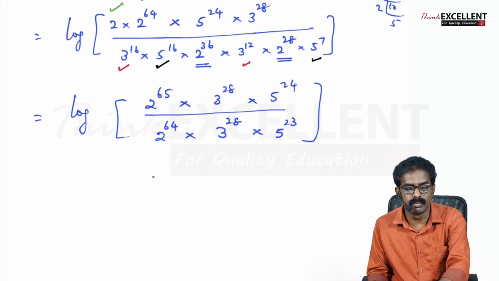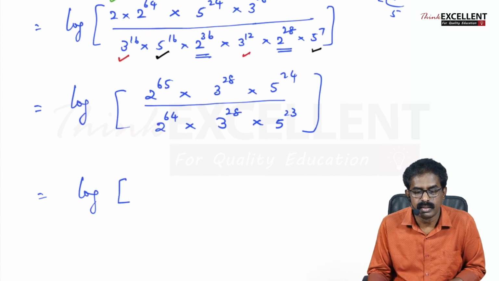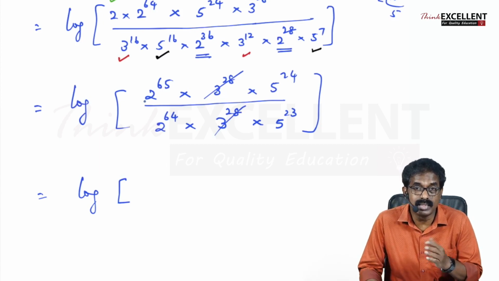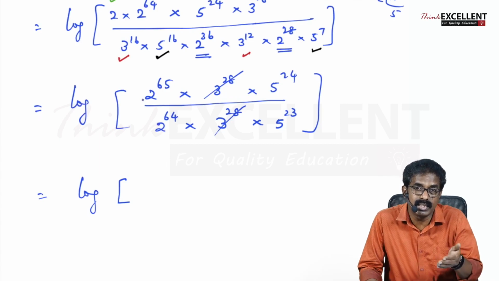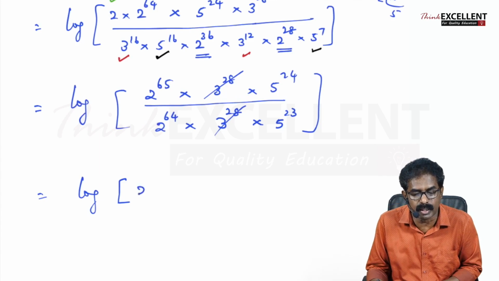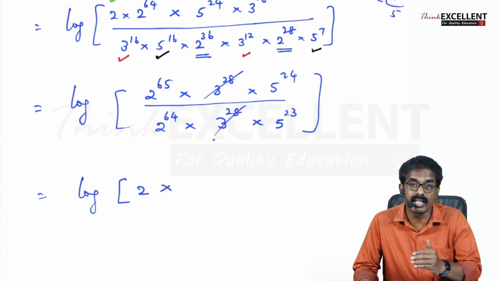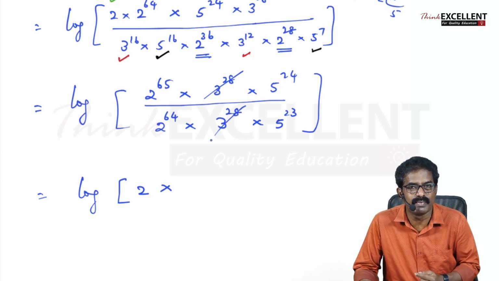Now listen how to simplify this. That is log of, 3 raised to 28 you can cancel. 2 power, you see, the numerator 2 raised to 65, denominator 2 raised to 64. So 2 raised to 65 minus 64, it is 1. 2 raised to 1, so you get only 2. 3 power cancel. 5 power, 5 raised to 24 by 5 raised to 23. 23 times cancel, only one 5 is left out.